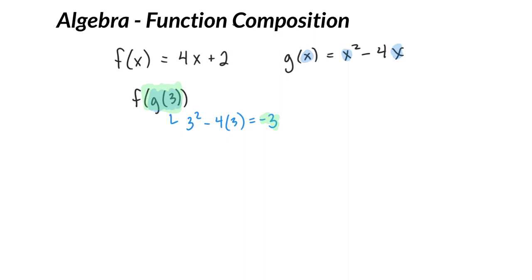So my f of g of 3 is going to become f of negative 3, because that was my answer when I plugged 3 into g. So, of course, now we just go to f: 4 times negative 3 plus 2 is negative 10. And that's it. That's all we have to do.